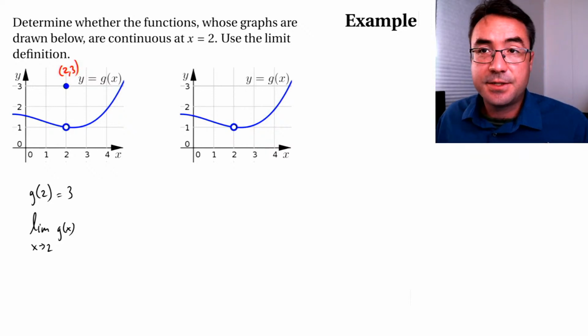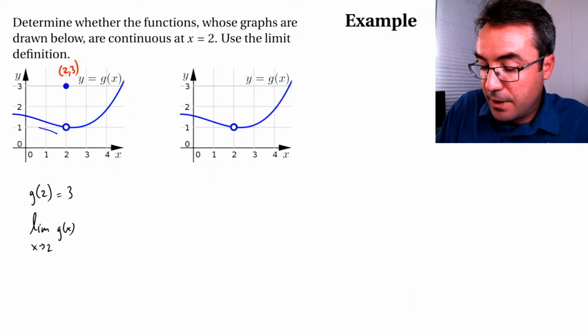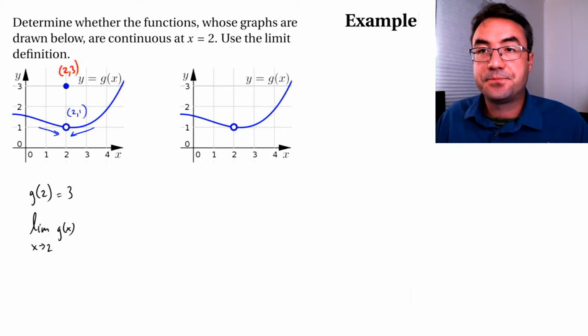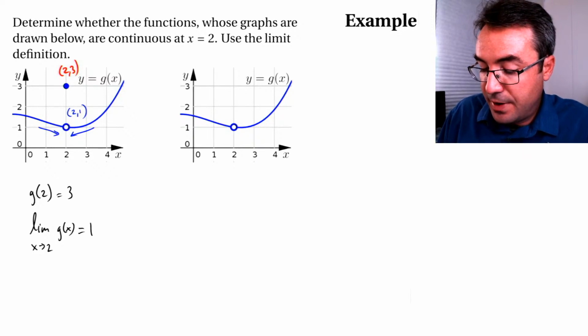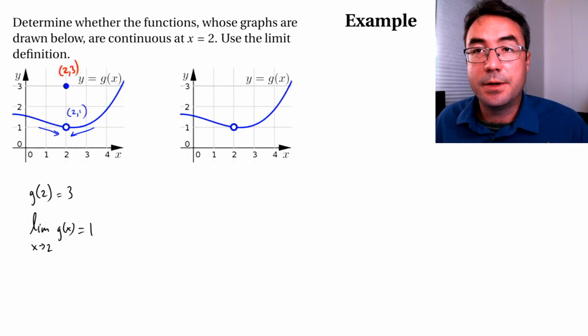Now in this case, as we approach from the left and from the right, we're approaching this other point, which is (2, 1). And so the limit of this function, g of x as x approaches 2, is the y value of that point. So it's equal to 1.